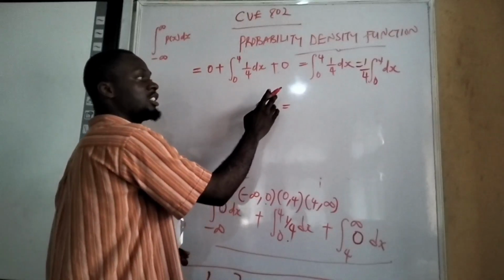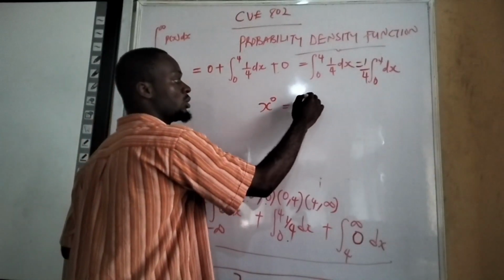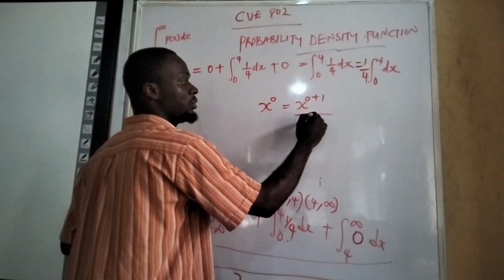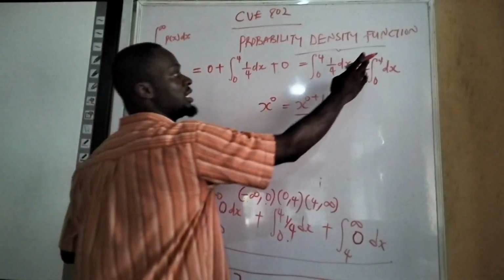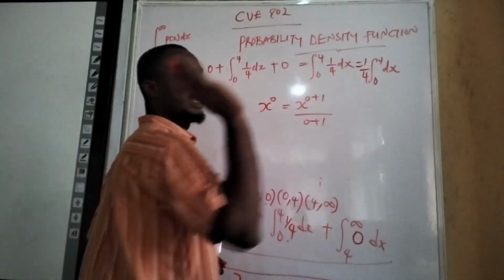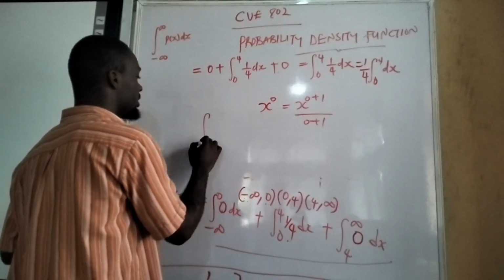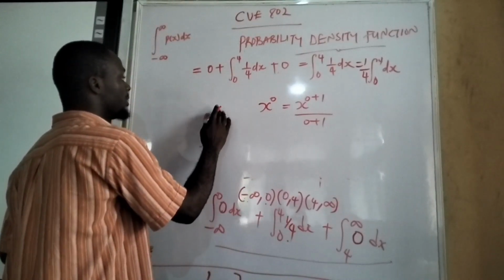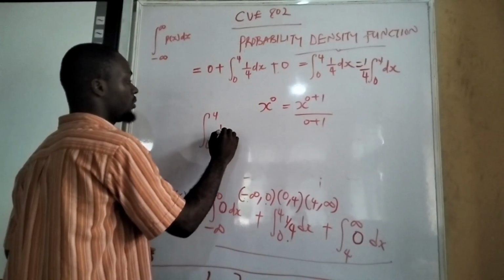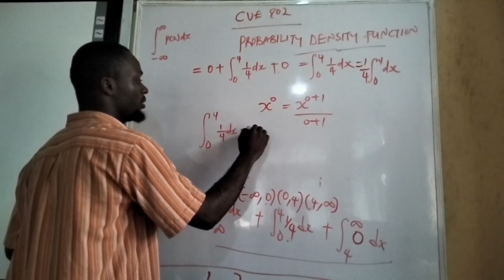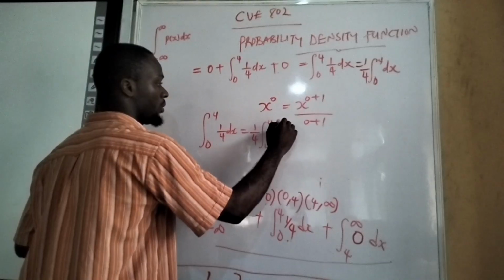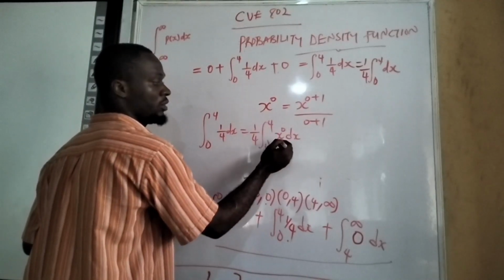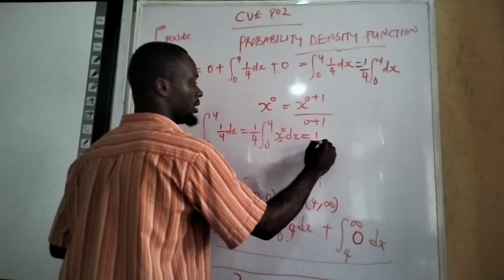So to integrate x raised to power 0, you add 1 to the power and divide by the new power. Integrating this will give us x. So integrating 1/4 dx will give us 1/4 times x.